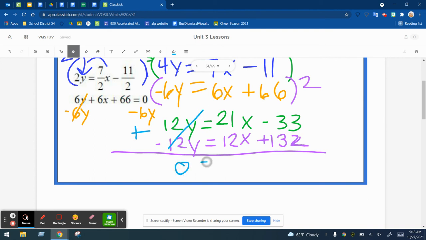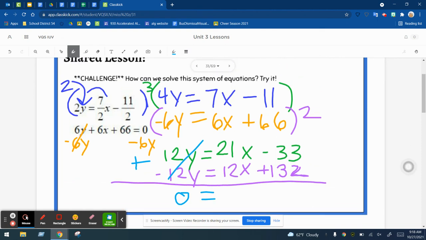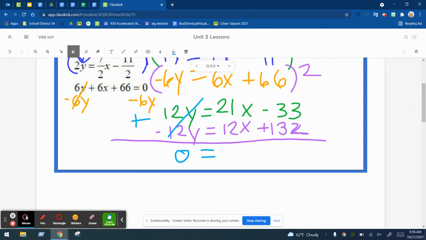Okay. So obviously now, when I do go through with adding, the y's are going to cancel. I have 0 over here. 21 plus 12 is going to give me 33x. And then I have negative 33 plus 132, which is going to give us 99.